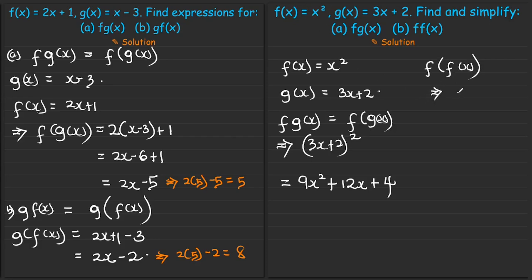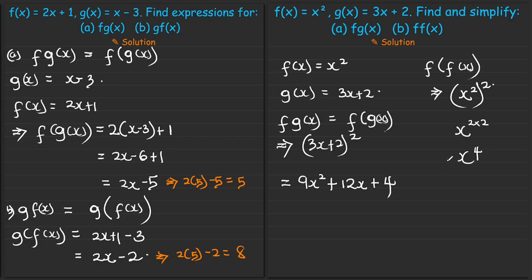So this is to say, instead of x squared, let's substitute f of x inside that again. So that is to say, x squared should be squared again. Now, squaring x squared using our laws of indices, we are going to get x raised to the power 2 times 2, which is x to the power 4.